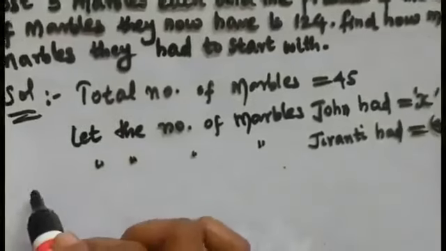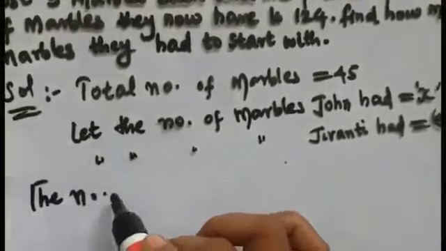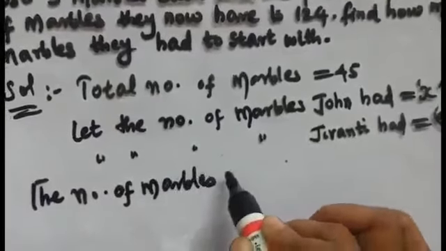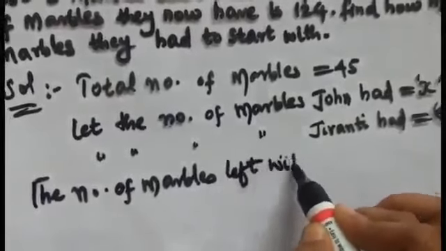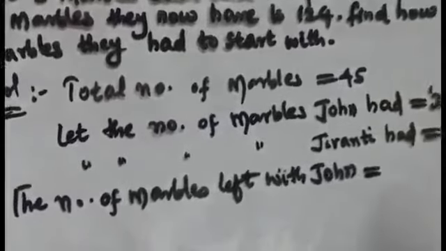Now after losing the marbles, as per the question, how many marbles will they have? The number of marbles left with John: when we say left with John, it means something happened and they are left with the remaining. The question says they lost 5.